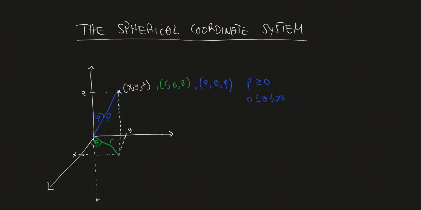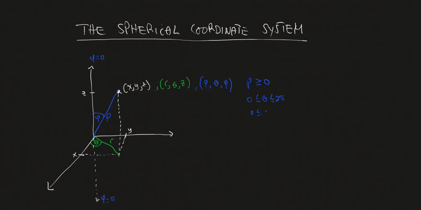So let me write this here also in blue. A phi of 0 means that your point would be on the z-axis. And then the largest value that phi can take on in this coordinate system is pi. That's where you're on the negative z-axis. So if phi is 0, you're on the positive z-axis. If phi is pi, then you're on the negative z-axis. So that's our range for phi.